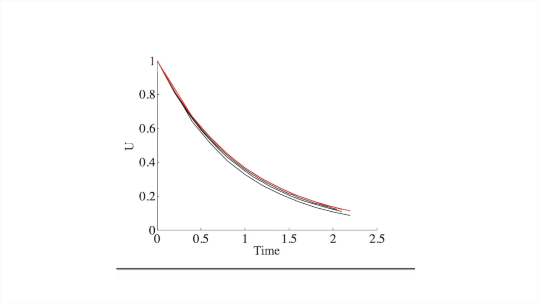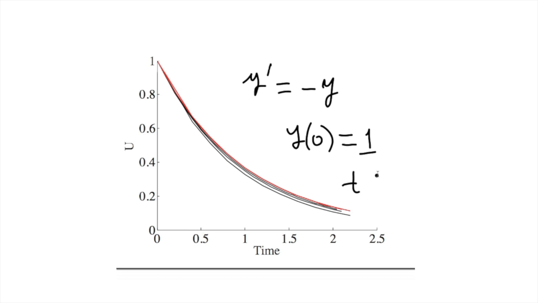Okay, so let's look at some illustrations of numerical solutions of first order differential equations. And so here we have a differential equation y prime equals minus y, and we are given an initial condition that y of 0 is equal to 1, and we are interested in the solution over an interval going up to 2 starting with 0.